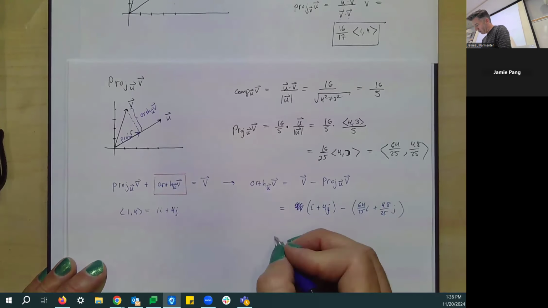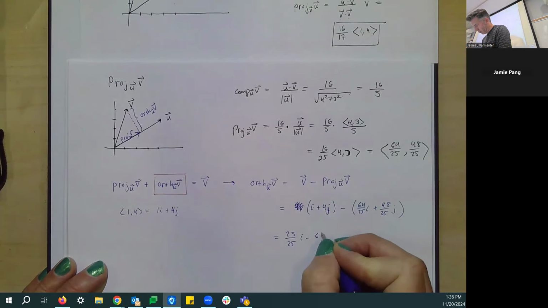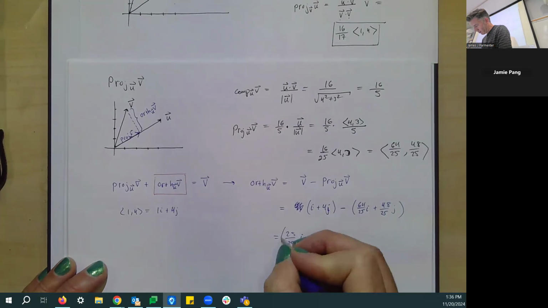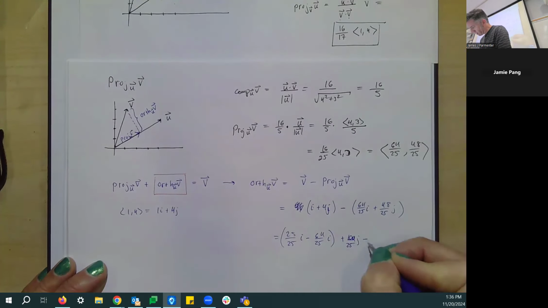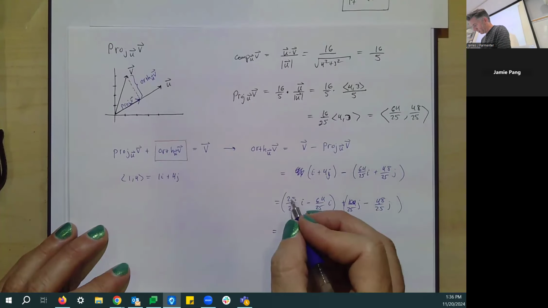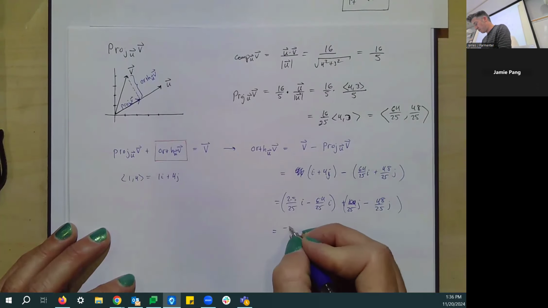So I'm going to have 25/25 i minus 64/25 i plus 4j minus, oh, sorry, I should make that 100/25 j minus 48/25 j. And so I am getting the vector, let's see, 25 minus 64 is negative 39/25 i.